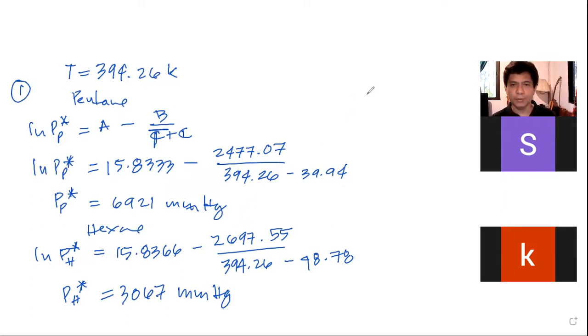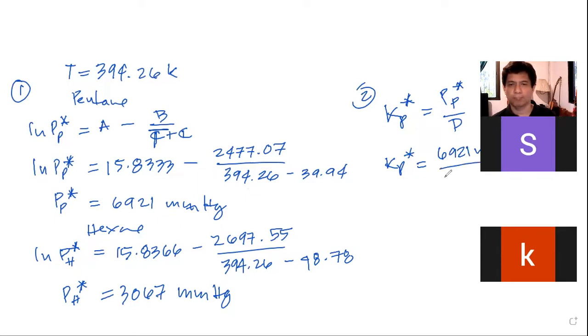Tapos, second step, kakalculate natin yung Kp star. Ano formula ng Kp star sa pentane? Pp star divided by the total pressure. So Kp star is itong 6921 millimeter mercury divided by the total pressure.